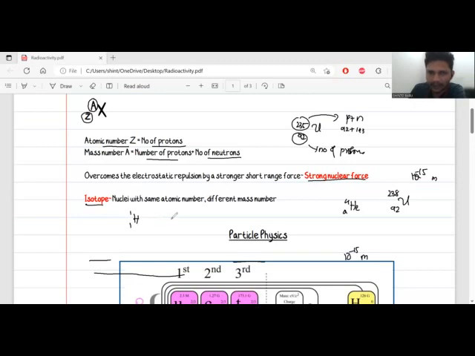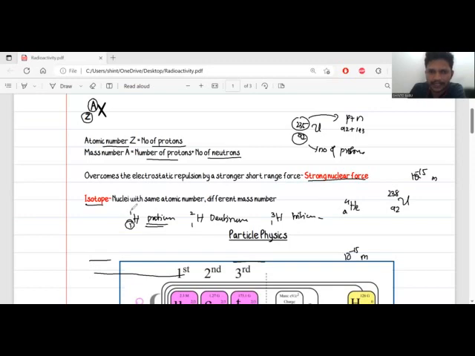H 1 1, we call it protium. H 1 2, deuterium, and H 1 3, tritium.